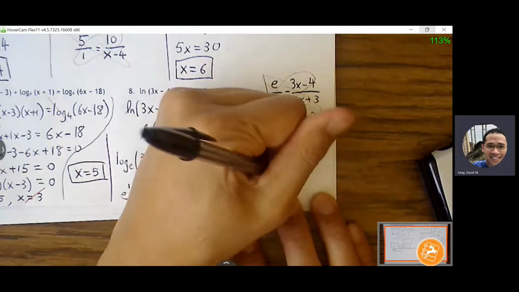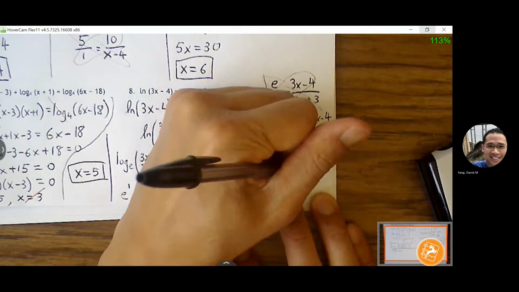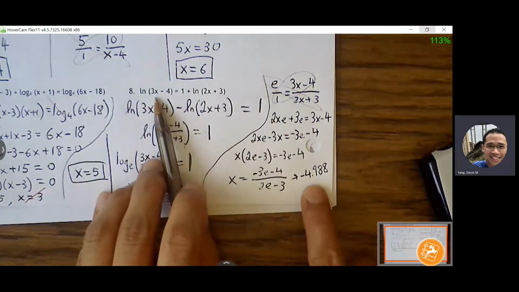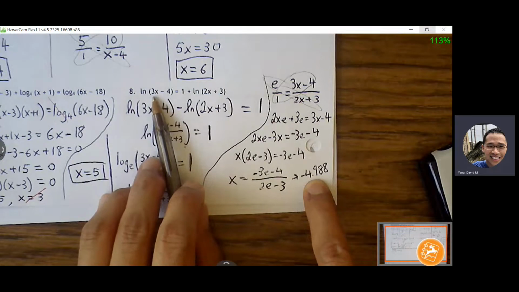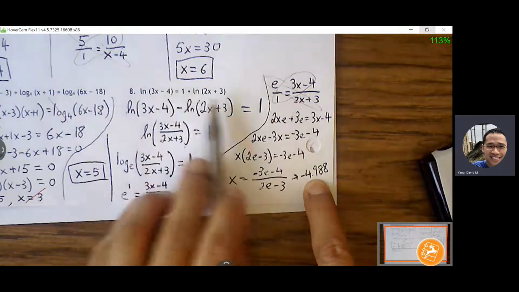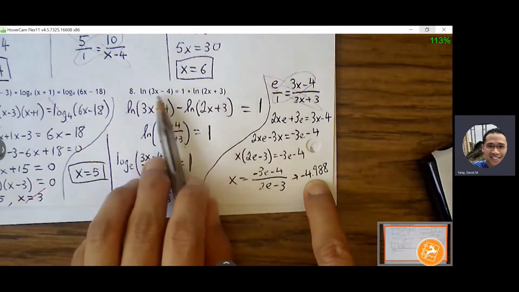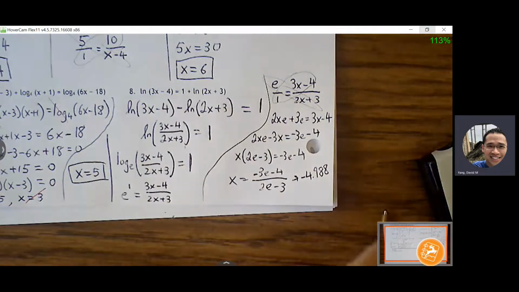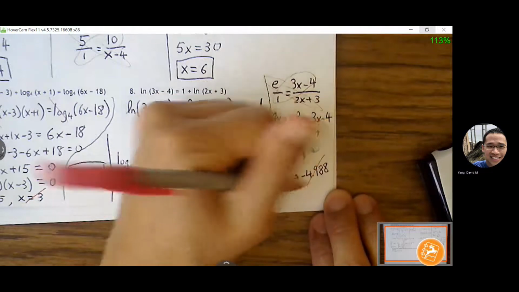Got negative 4.98. So if I do 3 times negative 5, negative 15 minus 4 is negative. As long as it makes one argument produce a negative value, that's enough to know that it's not a solution that I can use.